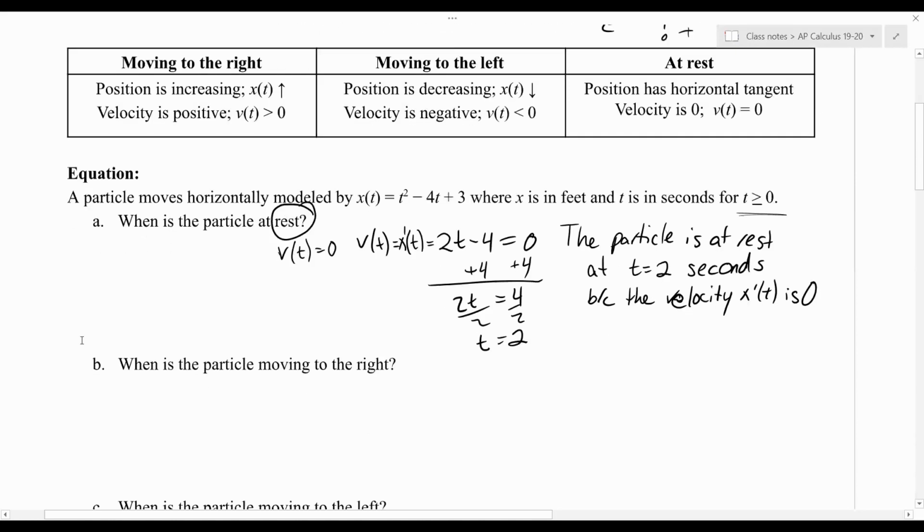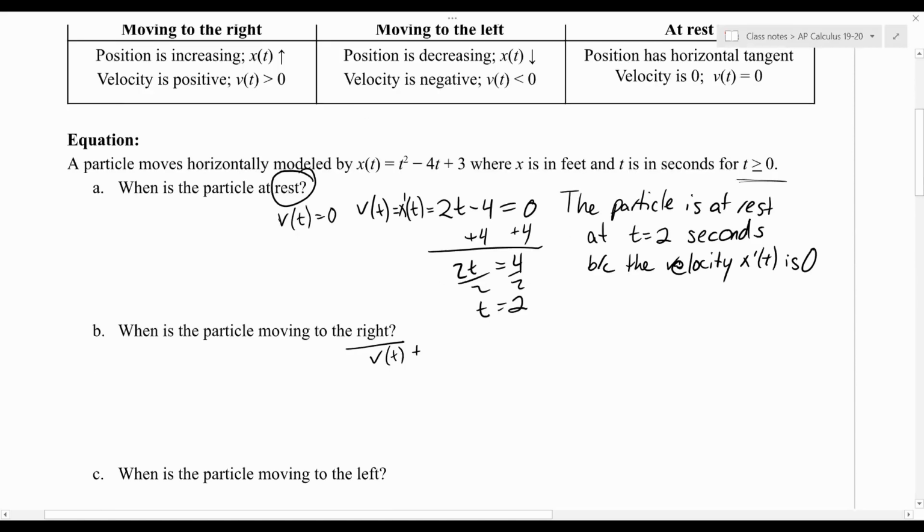So now we need to find when it's moving to the right. If it's moving to the right, that means our velocity is positive. So we can put in a sign chart here. Now I'm going to start at 0 because that's my region. And then my point is at 2. That's where it's 0. Now I have to check my velocity at different test points. So let's pick a point between 0 and 2, 1.